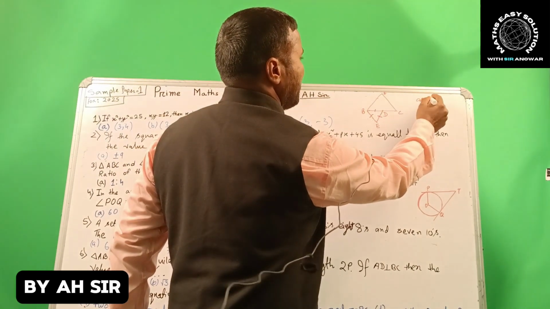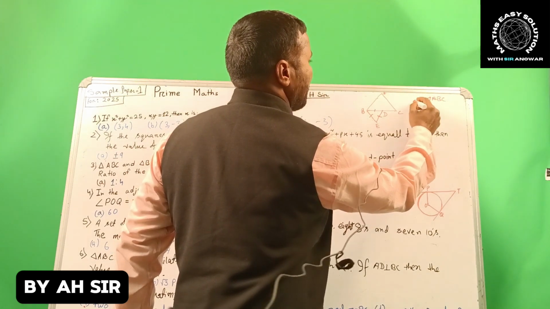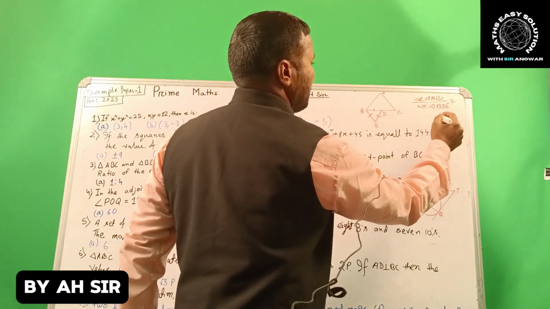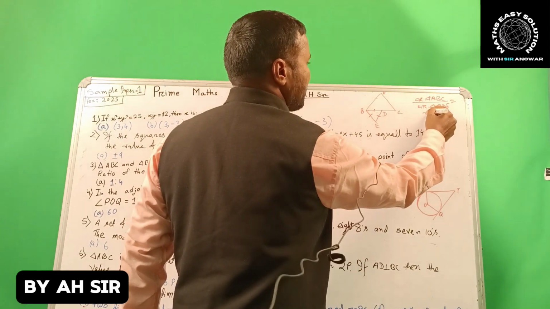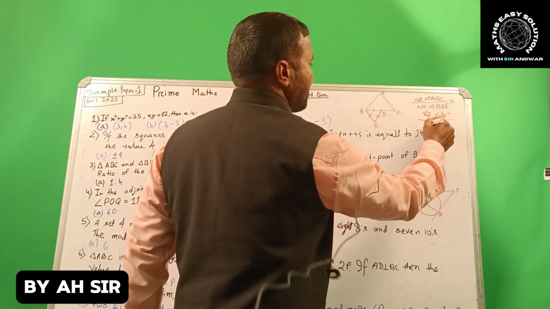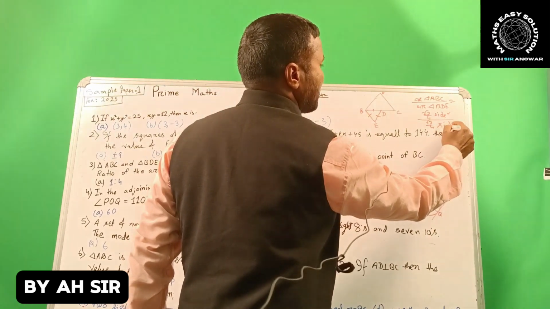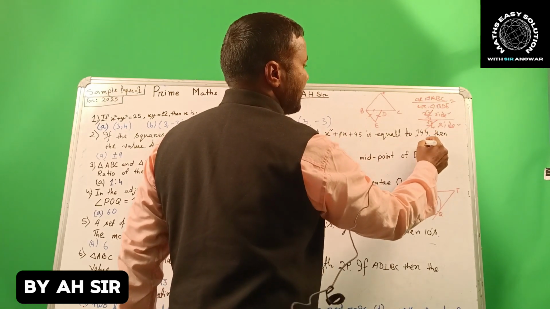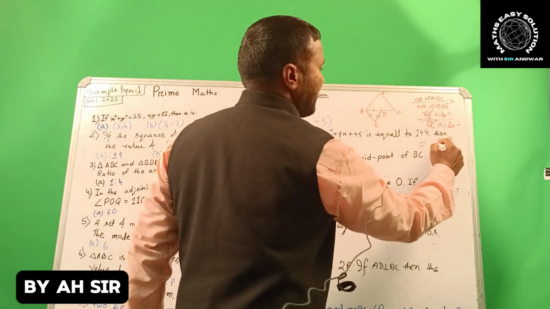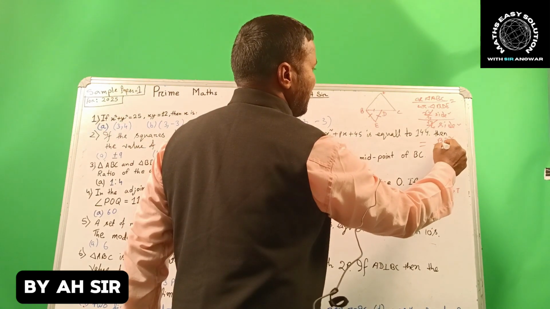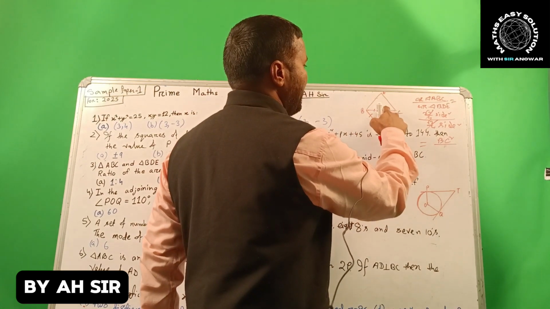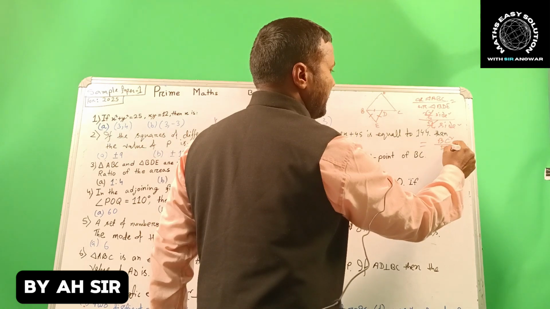Area of triangle ABC by area of triangle BDE equals, what is the area for an equilateral triangle? Root 3 by 4 side square. Here also root 3 by 4 side square. Now root 3 by 4, root 3 by 4 cancel. For ABC the side is BC, and for BDE the side is BD.